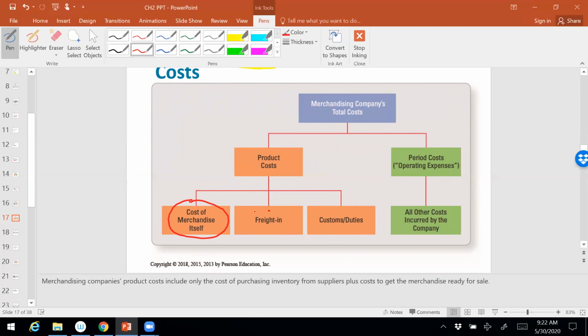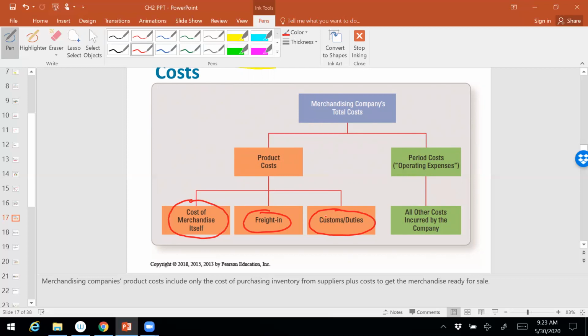And then they also have this freight-in cost. You have to pay shipping, right? That will be part of your inventory, part of your product cost. And then if you buy things from overseas, you may have to pay duties, you may have to pay customs. That will also be part of your product cost.